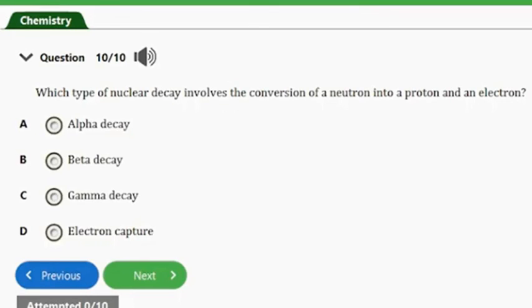So the proton remains in the nucleus, while the electron, which is the beta particle, is emitted from the nucleus. So the beta decay increases the atomic number by 1 while actually keeping the mass number unchanged. So that's how it works.